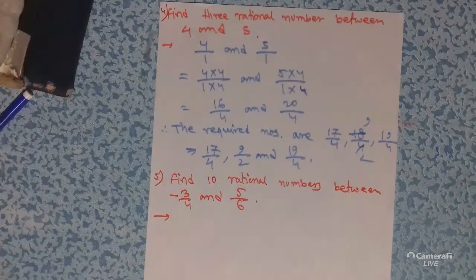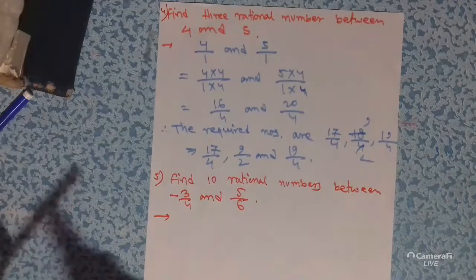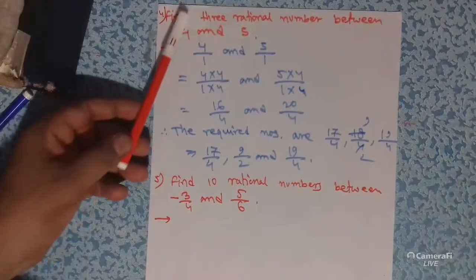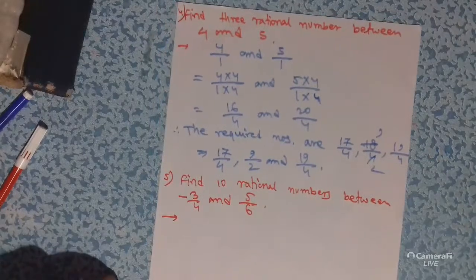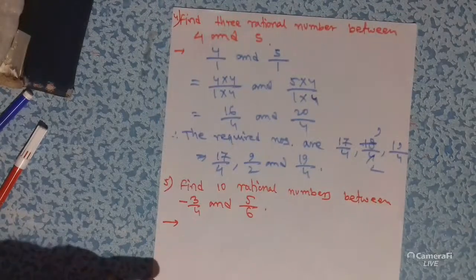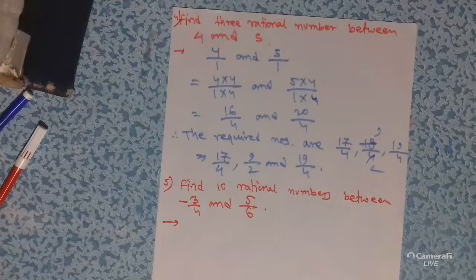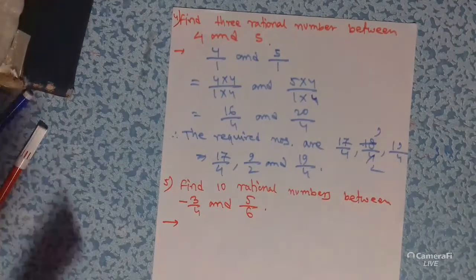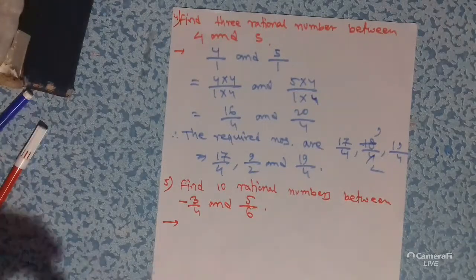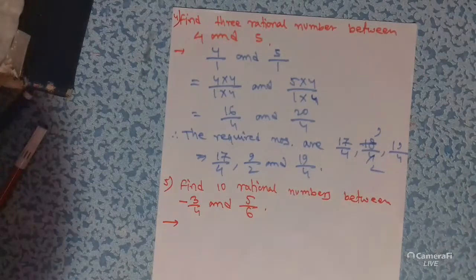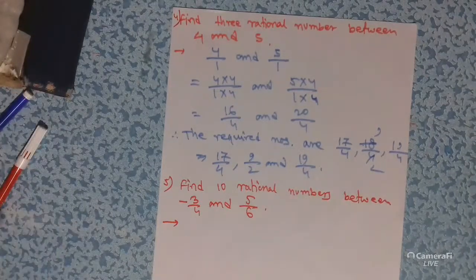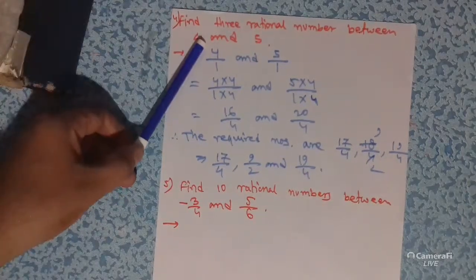So students, just now I have told you that when you have to find 3 rational numbers, then you have to multiply by a number which is greater than 3. But it is not always correct. At first you must search whether there are any numbers in between the rational numbers or not. If there are no numbers, then you must multiply with this number.